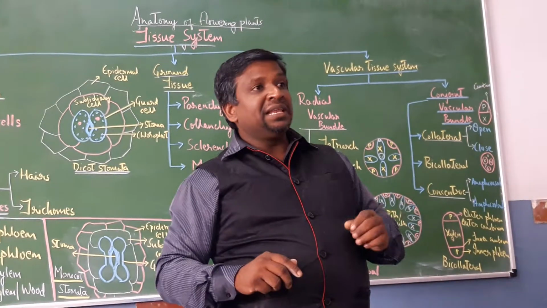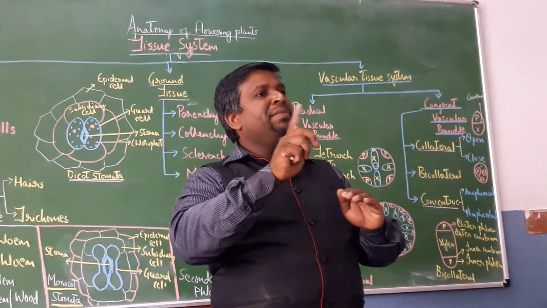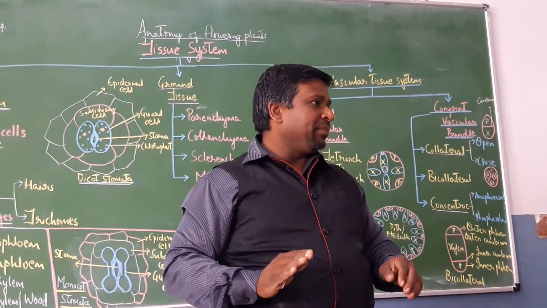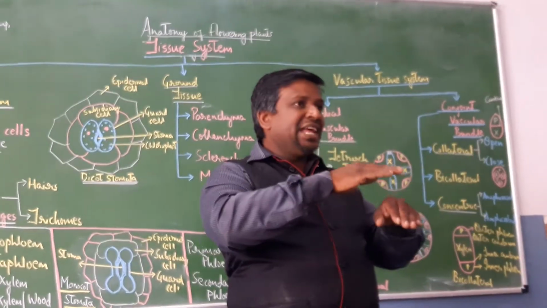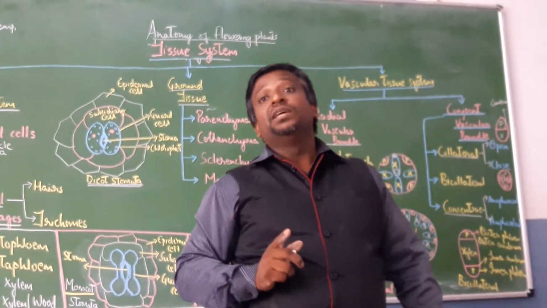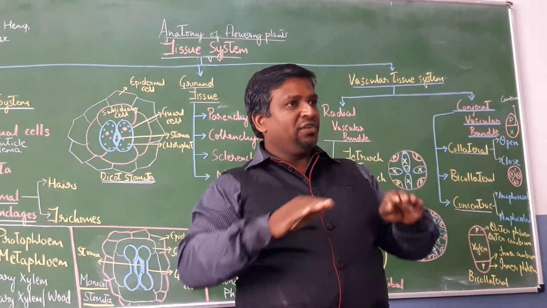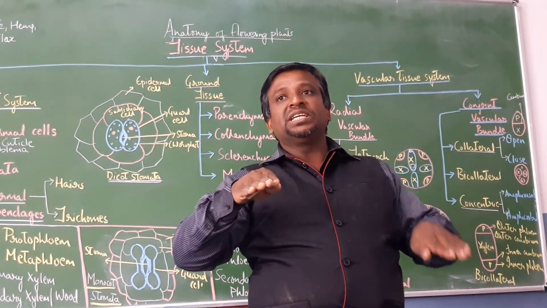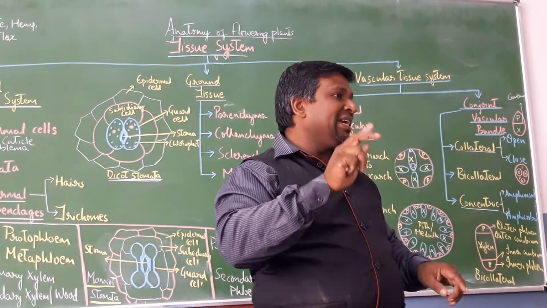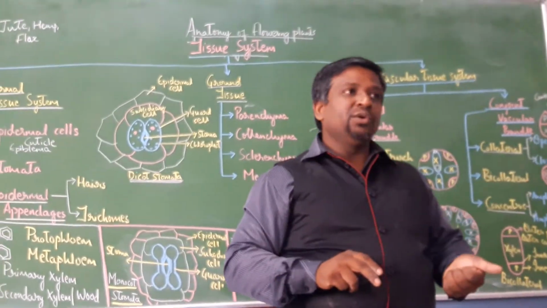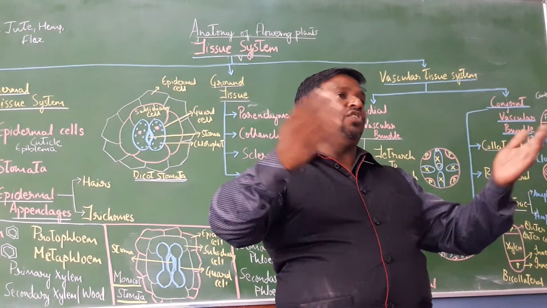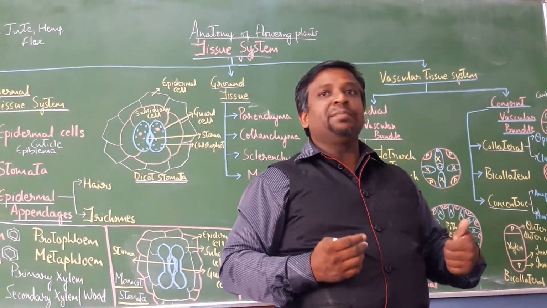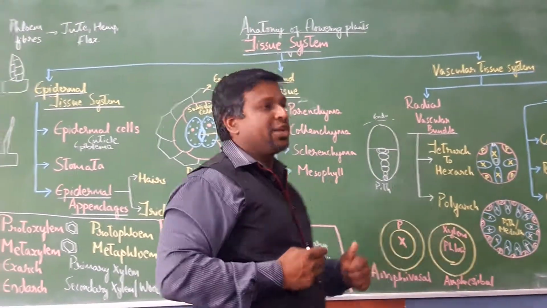Epidermal cells, in case of stem and leaf, have a thick waxy layer deposited on them, which we call cuticle. Cuticle prevents the loss of water. So transpiration would be prevented by the presence of this waxy layer, cuticle.